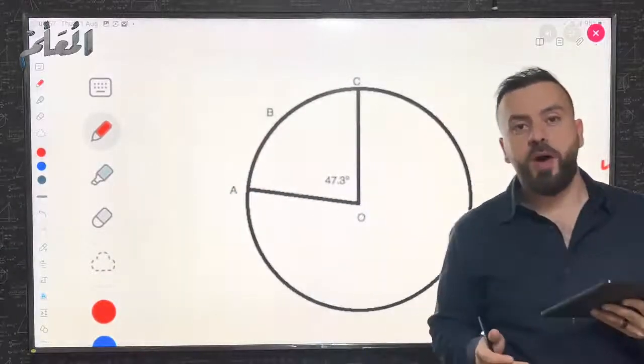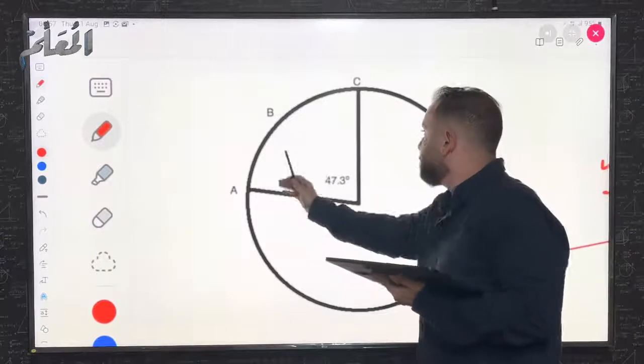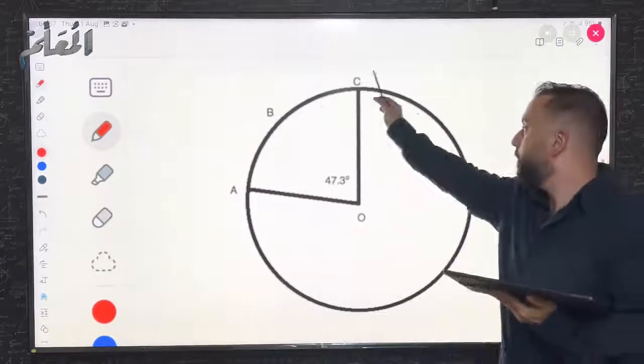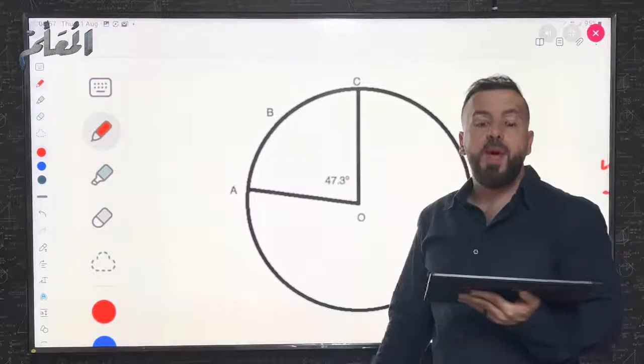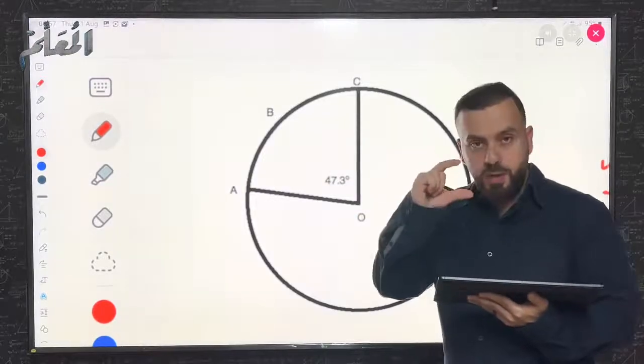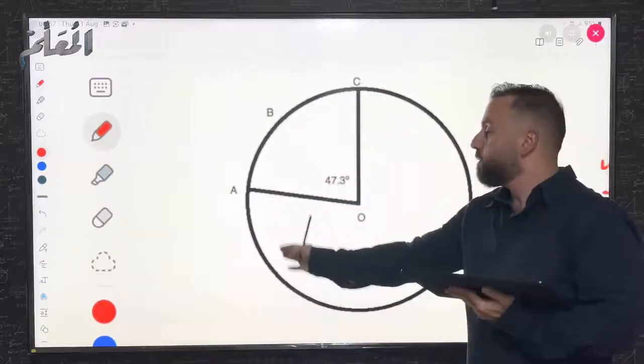Catch you in question 5. Okay, question 5. I have this sector, which is AOC. I want the percentage of this sector from the whole circle.